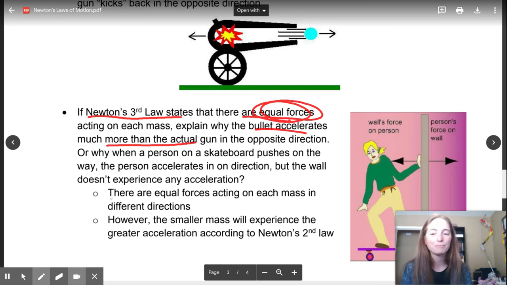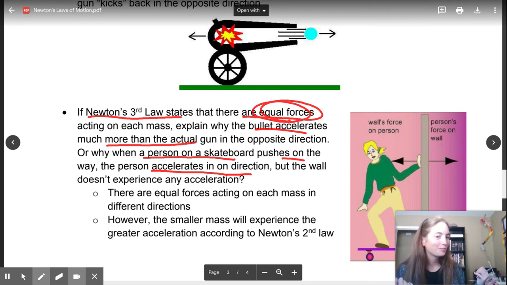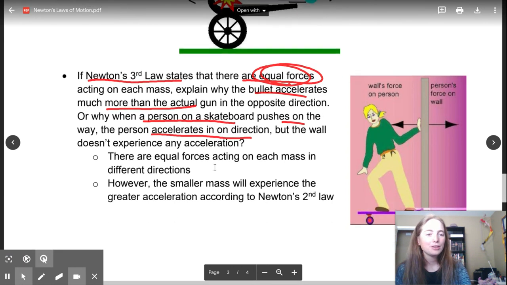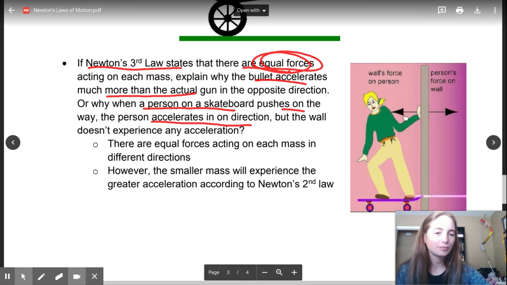The mass of the gun itself is significantly larger. It's the same concept as a person on a skateboard or a wheelie chair who pushes on the wall: the person is going to accelerate, but the wall is going to stay where it is. Why is that? Well, with this diagram, you can see that the person is pushing on the wall.